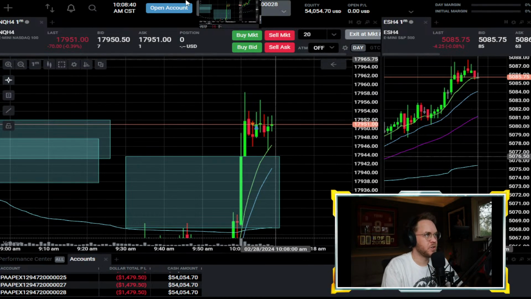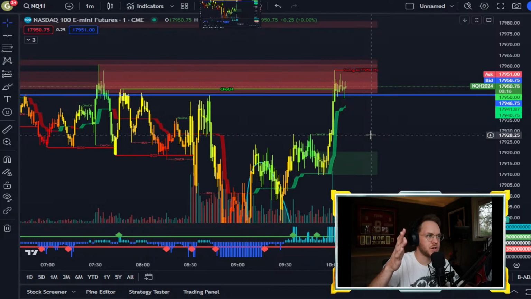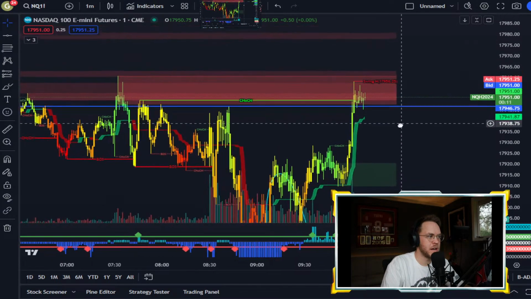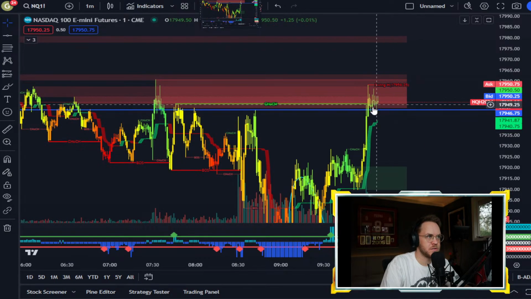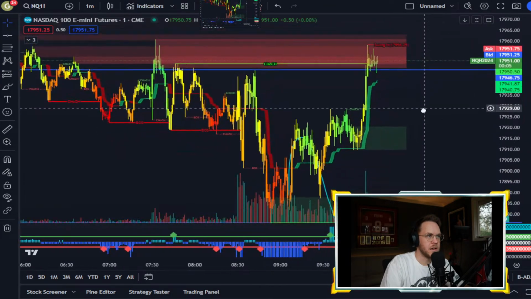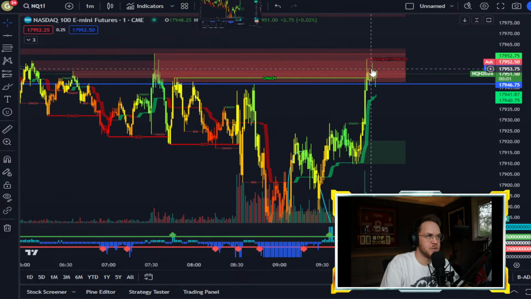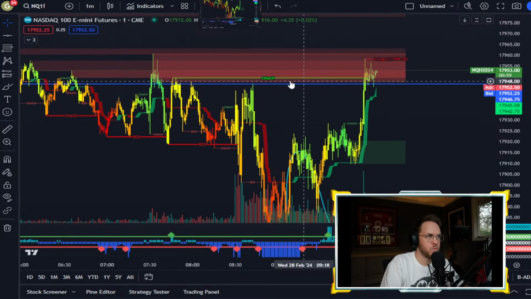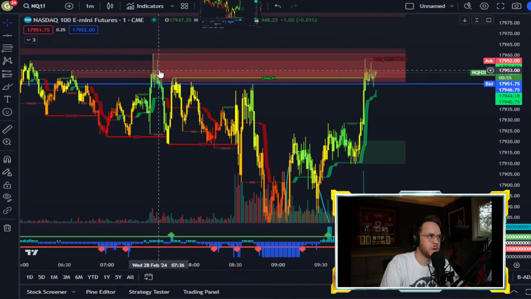If you're just tuning in, I have two different charts here. I have my TradingView chart, which is what I use to chart the movement of the day. Red is where we have order blocks.